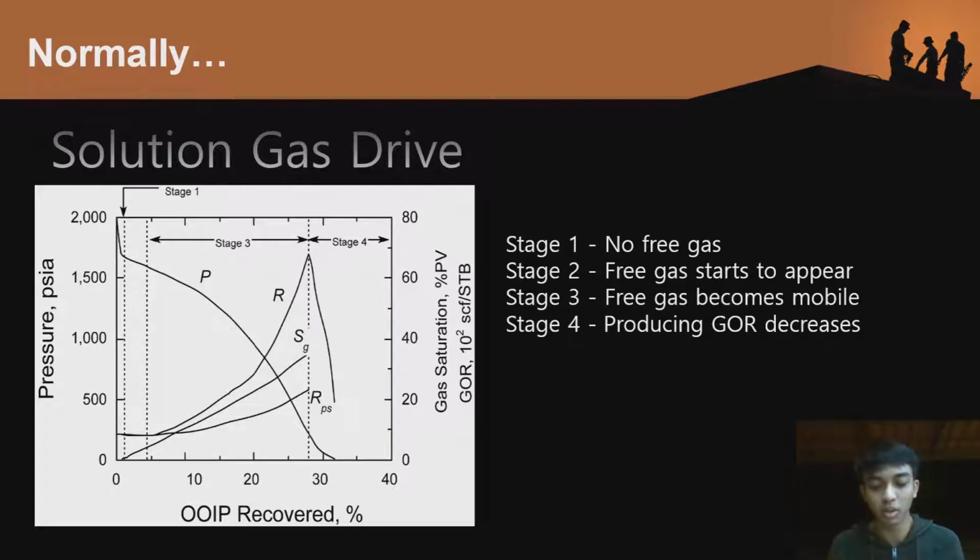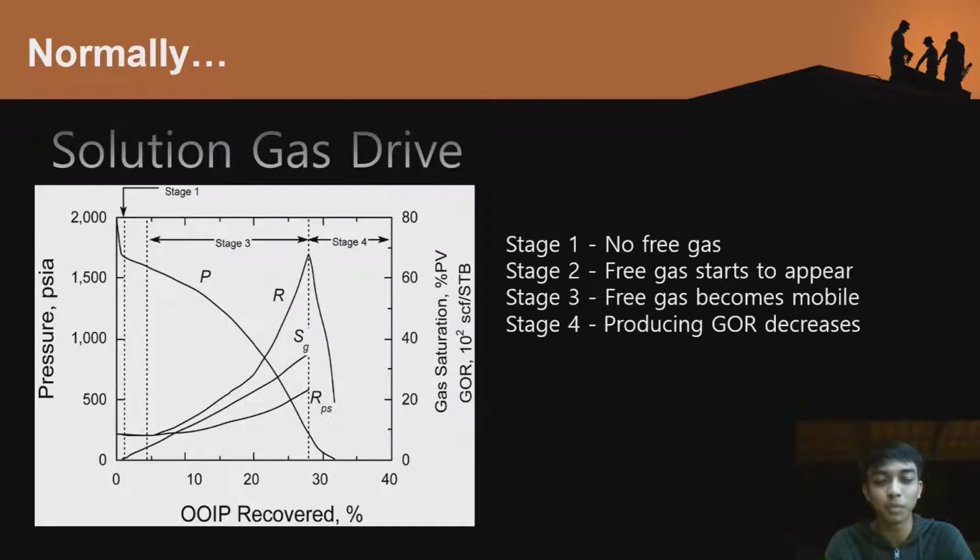As we know, in this paper we're going to talk about the unusual performance of State Line Ellenberger field. This graph is the normal situation where we do solution gas drive. So from the graph, in stage 1, we can see that there is no free gas. So the producing GOR is equal to the initial dissolved GOR.